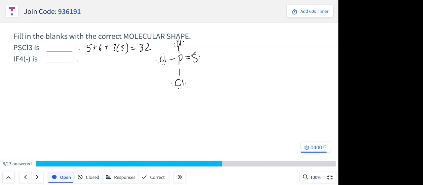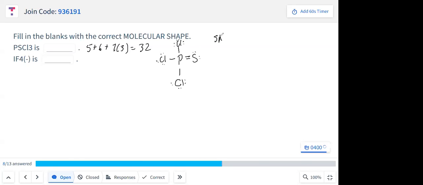If you had it the other way, yes, it's technically wrong, but I wouldn't take off nearly as much as if you had just given me a structure that made no sense. We always want to be on the lookout for formal charge and trying to minimize it whenever possible. That conversation's kind of irrelevant to the idea of shape, because whether that's a single bond or a double bond, it doesn't make any difference in terms of its shape.